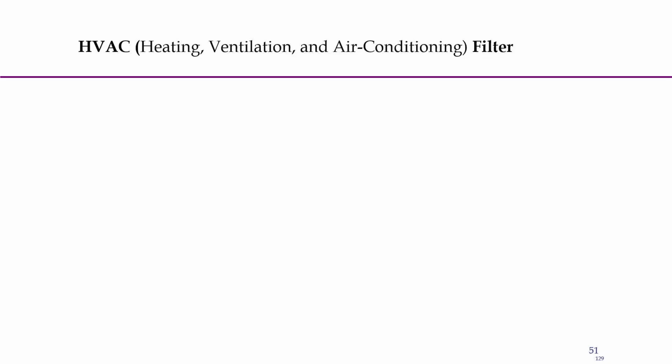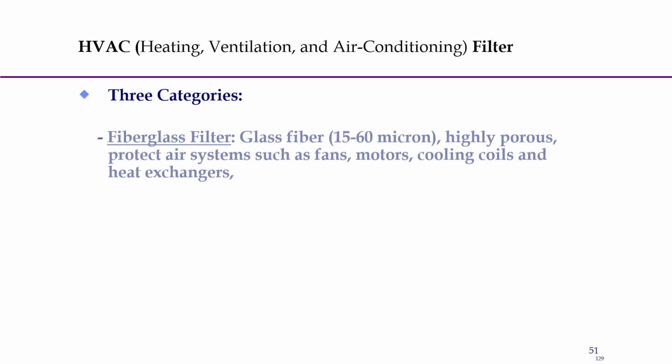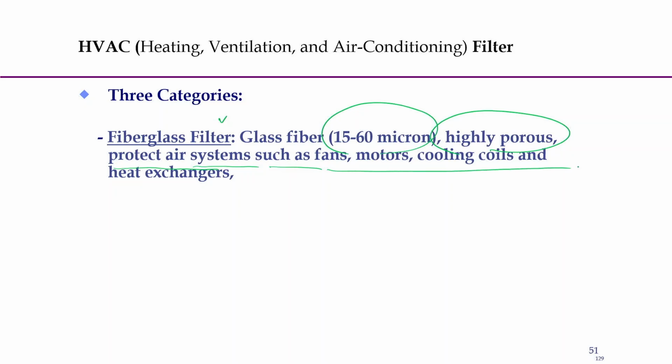So, the HVAC filter has 3 categories. One is the fiber glass filter, which is very coarse, glass fiber 15 to 60 micron coarse fiber, highly porous, which will have low pressure drop, and protects air system components such as fans, motors, cooling coils, heat exchangers.